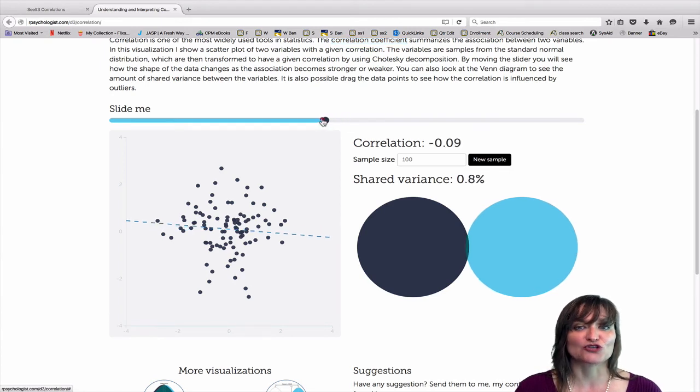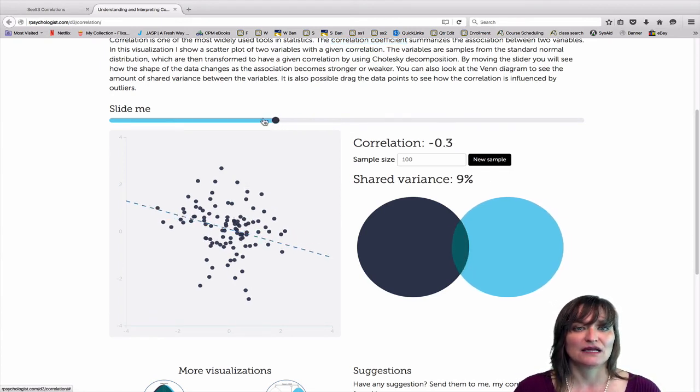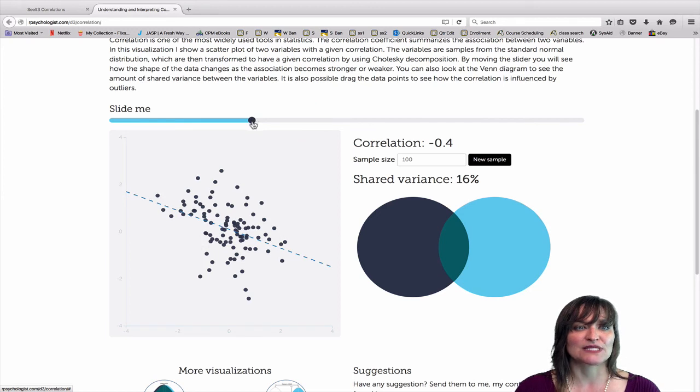We can click and drag that slider down, and this is what a correlation of negative 0.4 would look like. So it's got a negative slope, and it's a pretty wide cluster of data points.